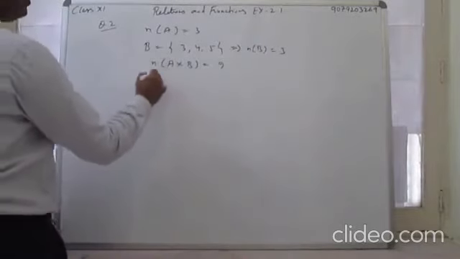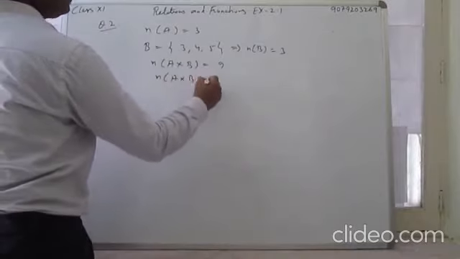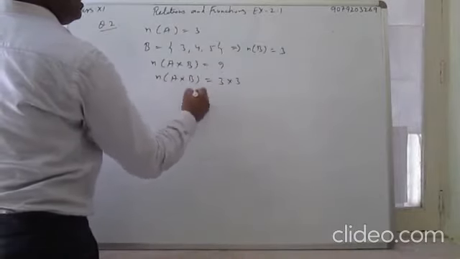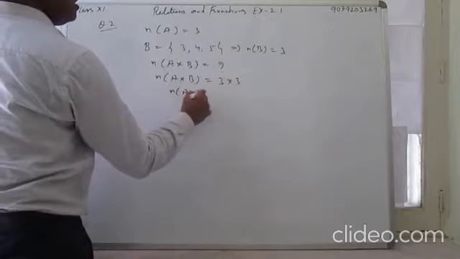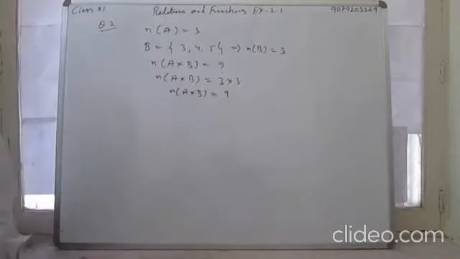So n(A cross B) is equal to 3 in A times 3 in B. So the number of elements in A cross B is equal to 9.